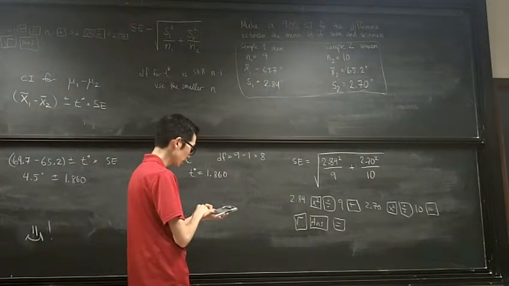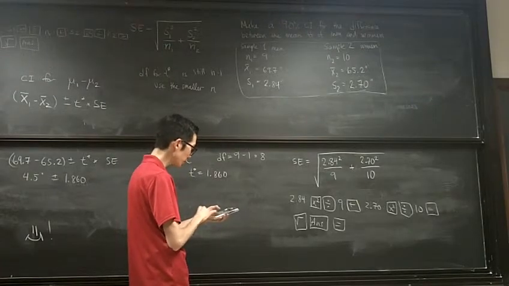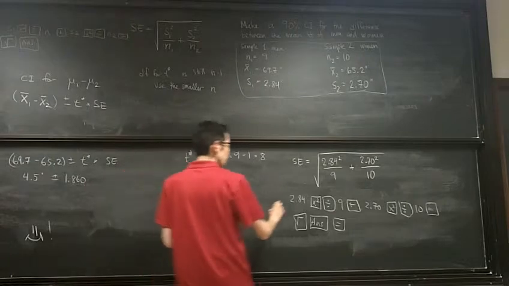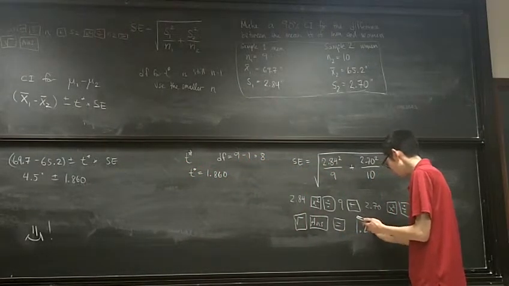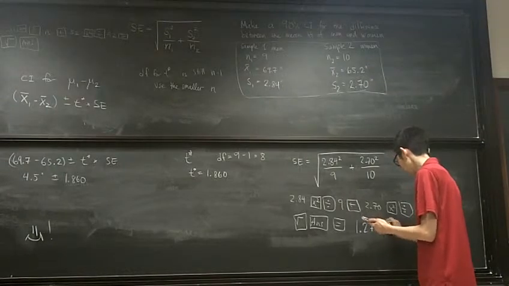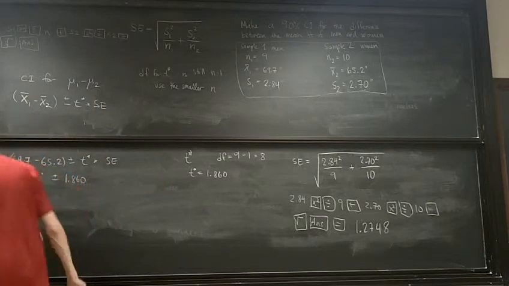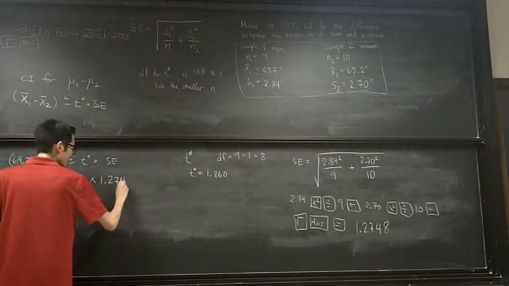I like to keep 4 decimals. So my standard error, when I do all of this, I get 1.2748. It is easy. That's what I've been trying to tell you.